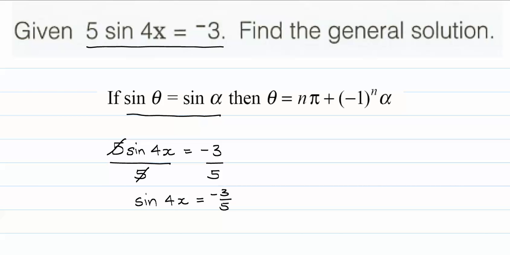What we now need to do is somehow get rid of the 4 in the argument inside the sine function, and the easiest thing to do here is just to rename that argument with a single variable. So for convenience, we're just going to rename that theta. Let's let theta equal 4x.